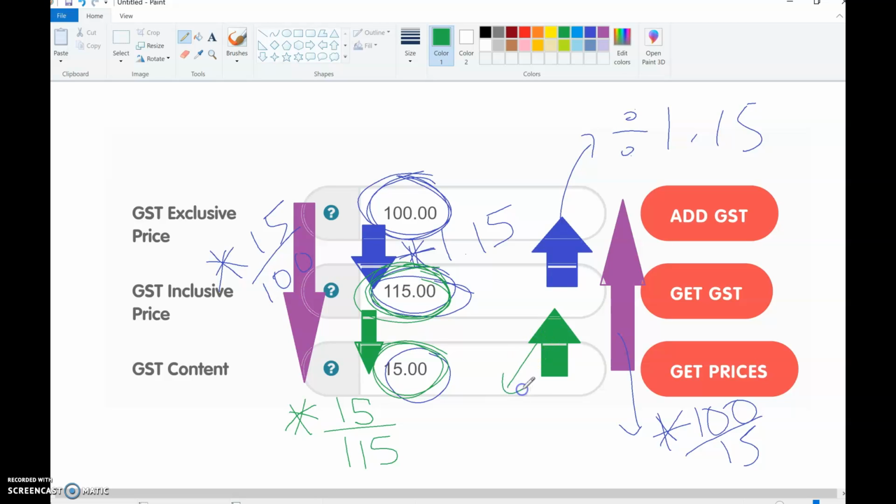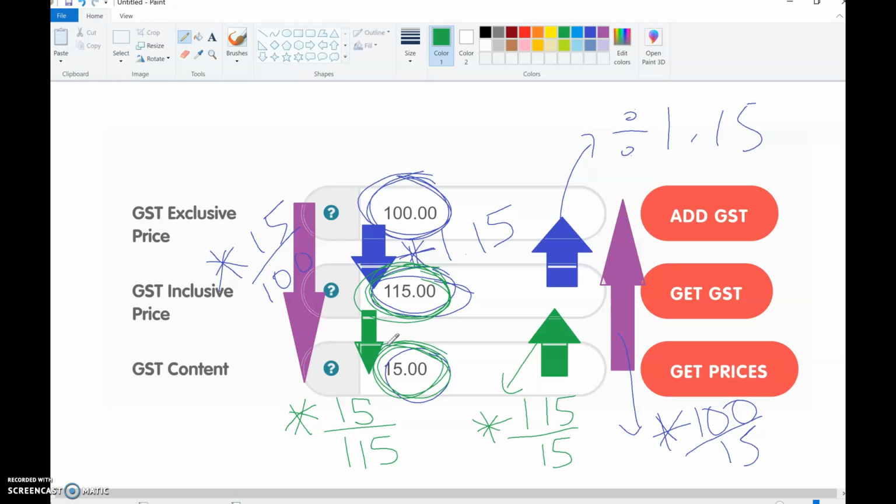Likewise, to go this way, we need to times by the reciprocal, turn it upside down, so times by 115 and divide by 15. So if I take this, divide by 15, I get 1, times by 115, I get that. That works. It works every which way.